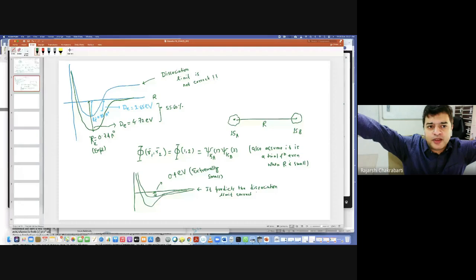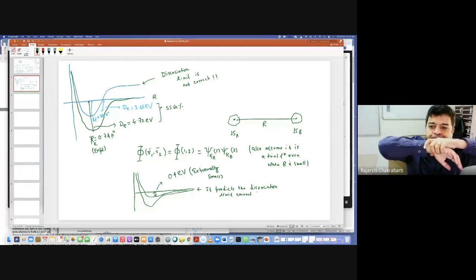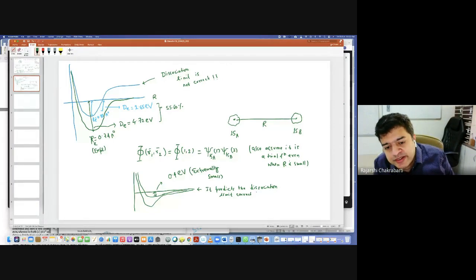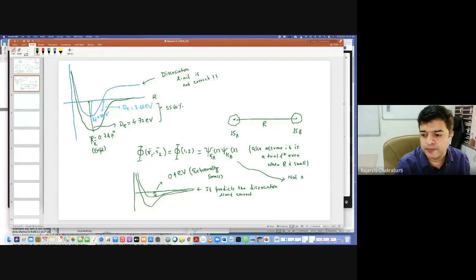You start from a large distance where these two energies are the energies of two hydrogen atoms, and that is by definition my zero of energy. So that's why the dissociation limit is correctly predicted, but it gives you a very bad dissociation energy, which is this. So basically this tells you it's not a very good wave function.